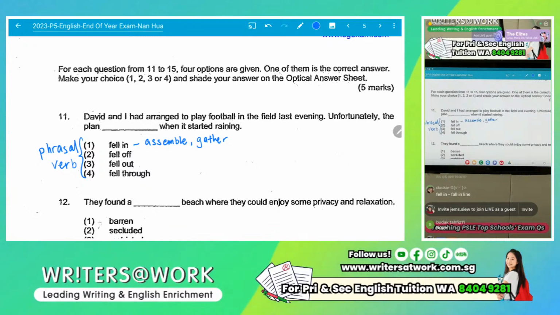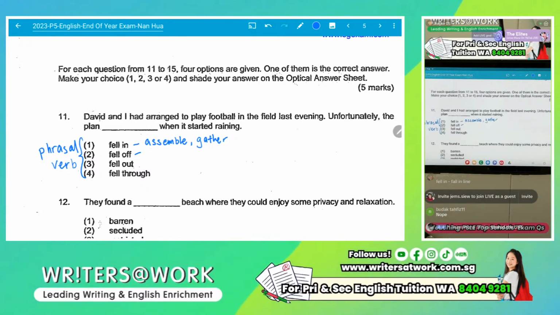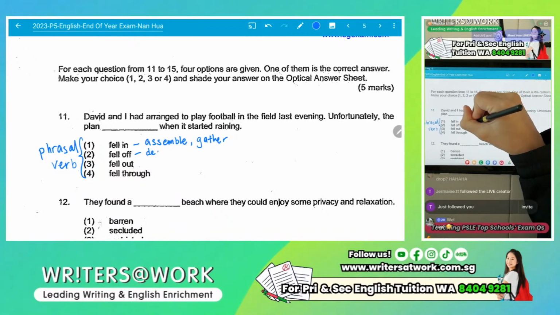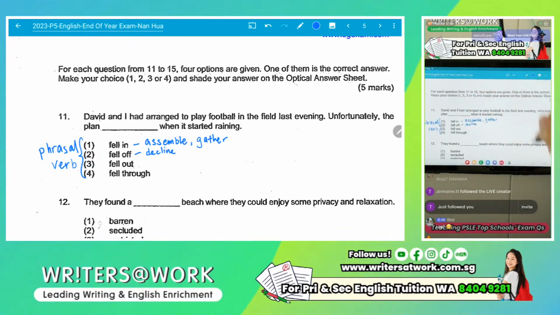How about fell off? What does it mean to fall off? Literally, it could be falling off a cliff. That is true. However, fell off has a different definition when using it as a phrasal verb, not merely on the preposition side. To fall off is to decline or weaken. Okay, for example, during the COVID-19 pandemic, at the height of the lockdown, Among Us was a very popular game, right?